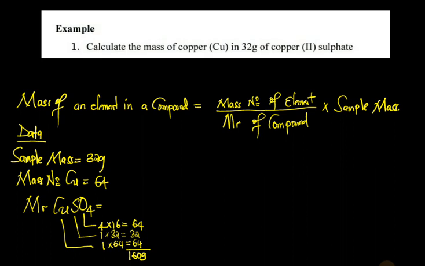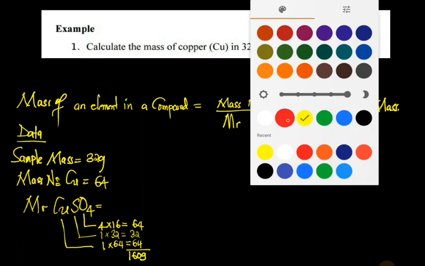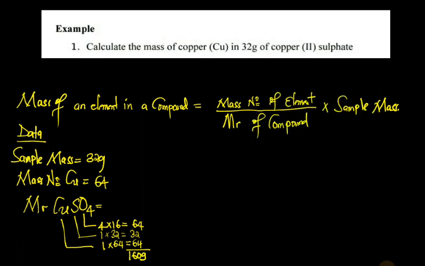So we have the mass number. We have the sample mass. We have the mixture. Let's find out the mass of copper. So the mass of copper in copper II sulfate is just the mass number of copper, 64, over the mixture, 160, multiplied by the sample mass, 32.